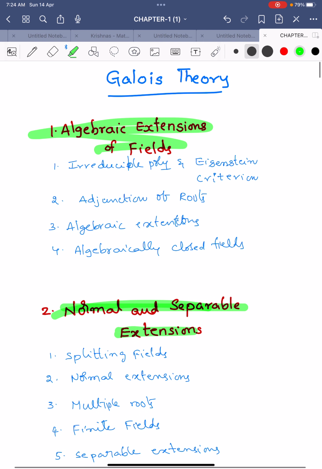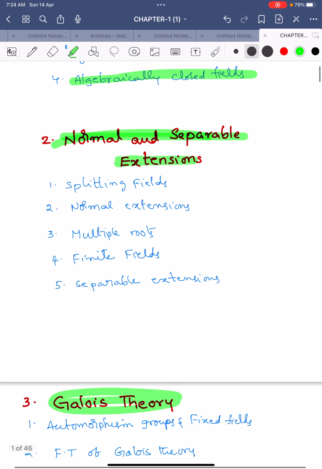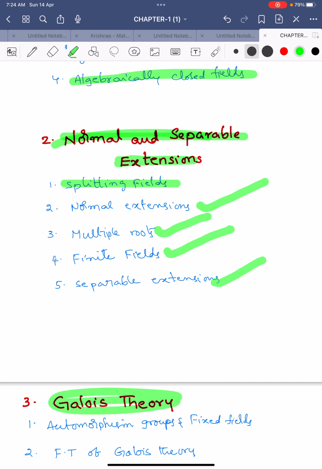In the first unit, we are going to cover irreducible polynomials and Eisenstein criterion, adjunction of roots, algebraic extensions of fields, algebraically closed fields. In the second unit, normal and separable extensions, we cover splitting fields, normal extensions, multiple roots, finite fields, and separable extensions.